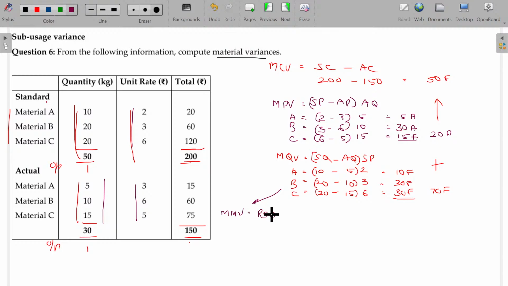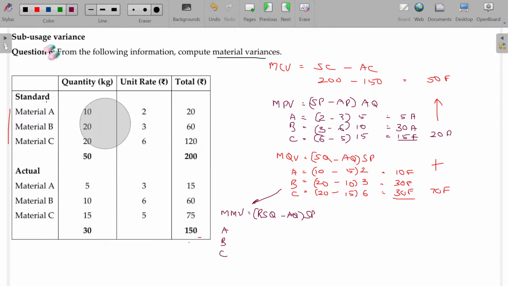RSQ minus AQ into standard price for A, B, C. What is RSQ? Actual input but standard mix. Okay.